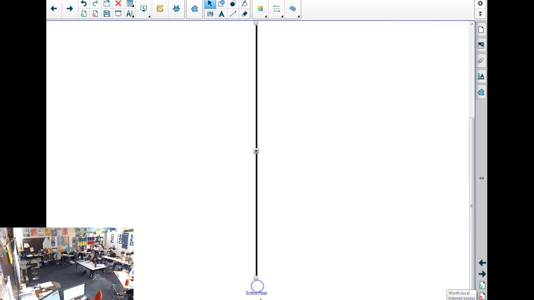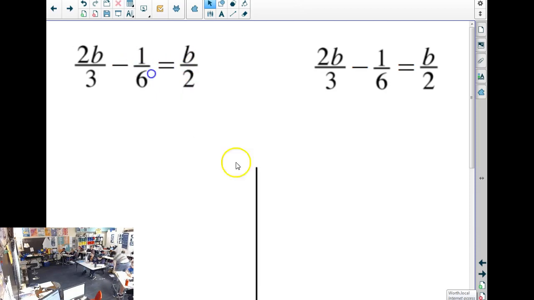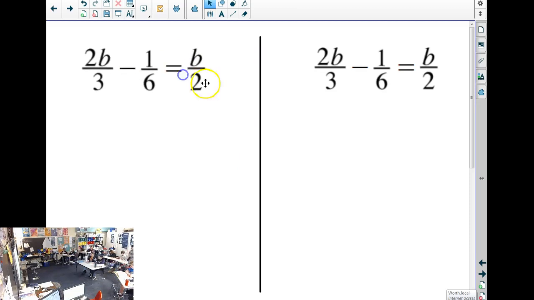Just 6. Because, guys, 6 would get rid of this. It would also get rid of this, and it would also get rid of this. Now, you could multiply by something bigger, but we don't need to. We could just multiply by 6. Try to solve this on your own. Don't look up here unless you're stuck.